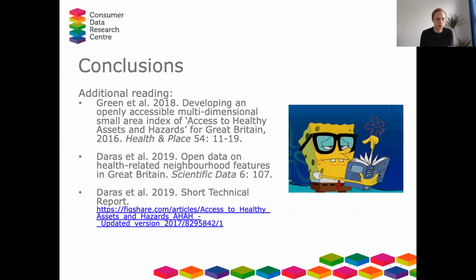We have a paper in Scientific Data, which charts the whole of the resource and goes through what we've created, some of it about how we created some of these individual indicators as well. And we also have a free short technical report that goes over data sources, how they're created, which is a good thing to refer to whenever you're using the resource.